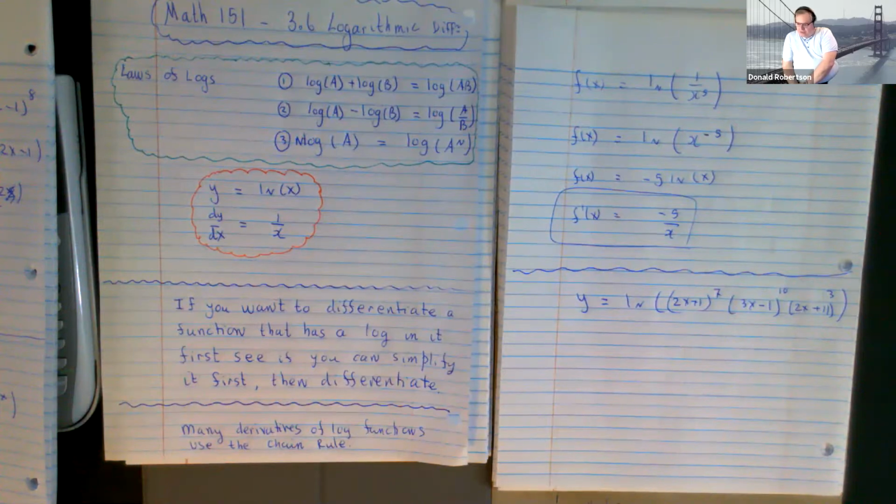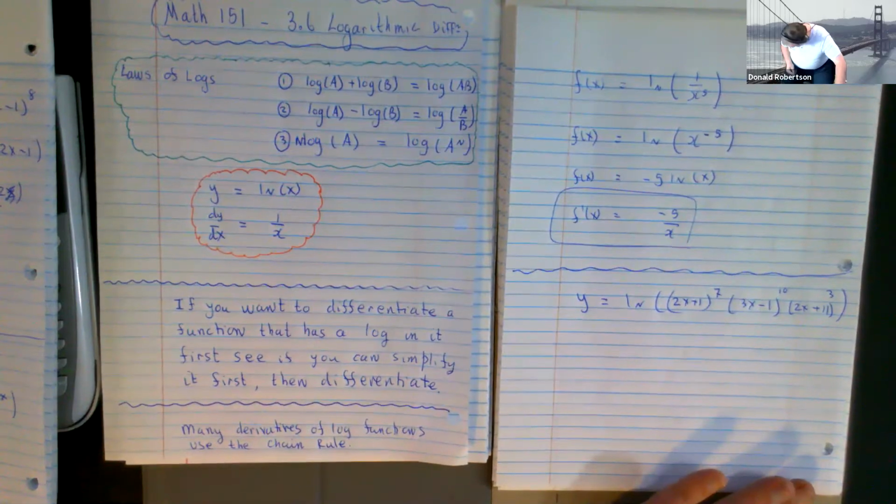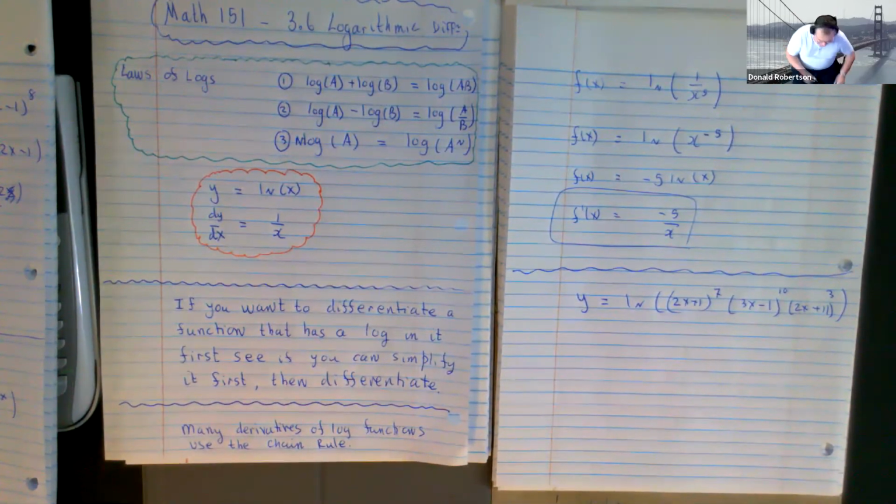Would you agree that you would end up with a chain rule with a horrendous triple product rule with some baby chain rules at the end? Plenty of places to go wrong. And even if you did that right, can you imagine how much effort you probably are going to have on style points at the end, trying to make it look good? Right? It would be a horrendous question. So let's not differentiate it right now. Let's see if we can write it in a different format.